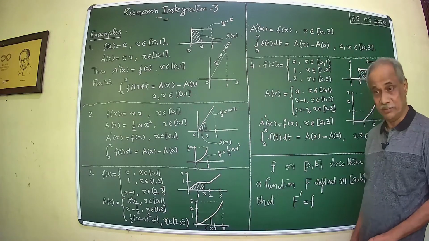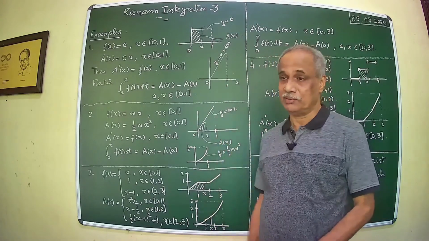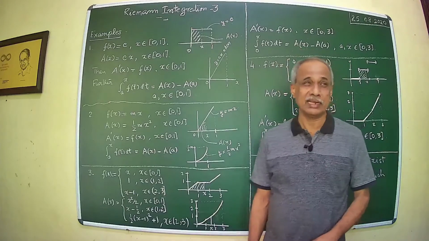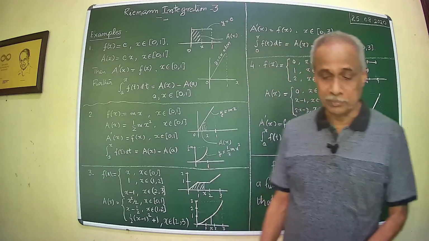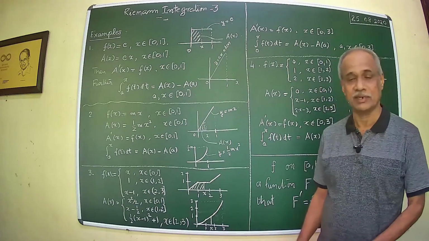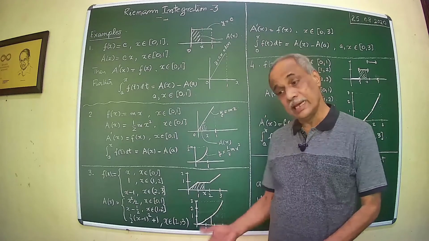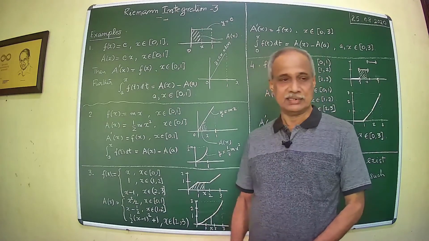Now this could be done very easily in the case of the examples we have looked at, because it involved only taking up the areas of rectangles and triangles. But that gives a hint.